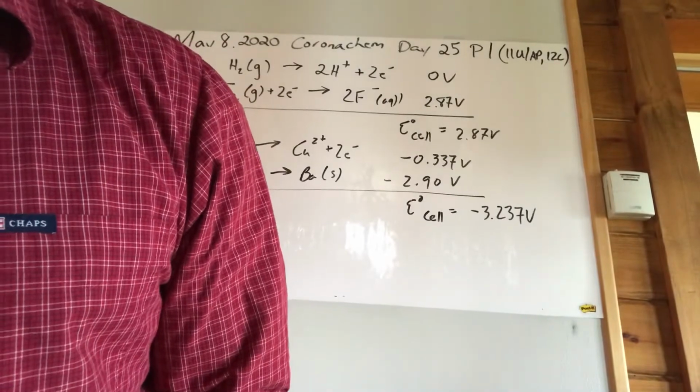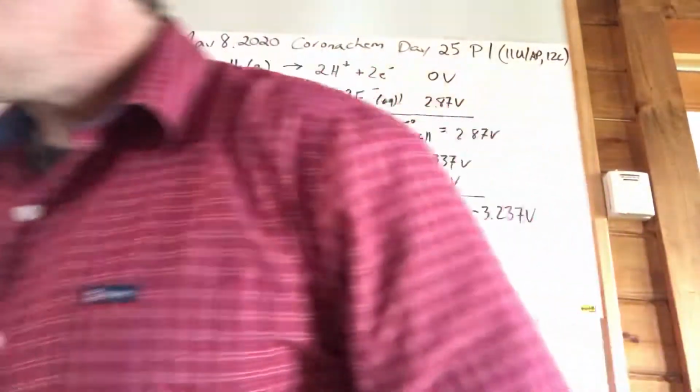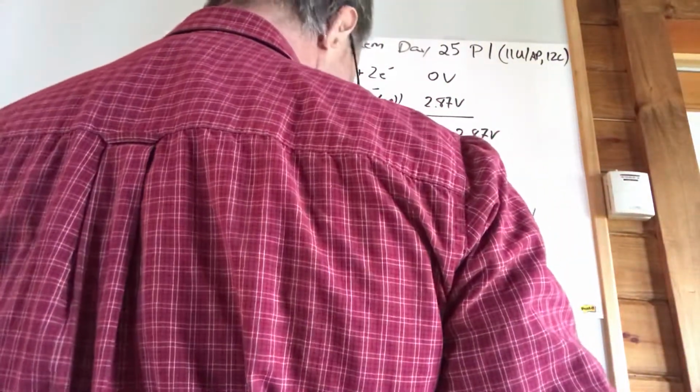So 2434C, iron disproportionating. Okay, so we have iron atoms.